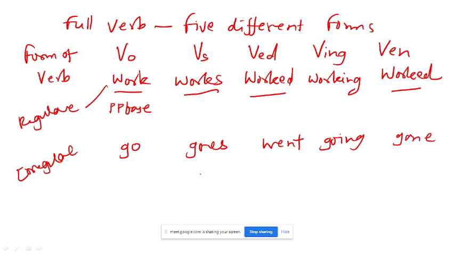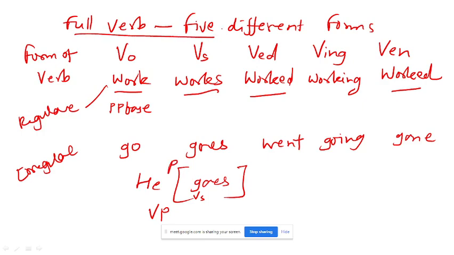When these verbs are used in a sentence, for example, he goes, this whole is a verb phrase in which the form is VS, and this verb phrase works as predicator. So remember this table, and it becomes very easy for you to understand the verb class word.